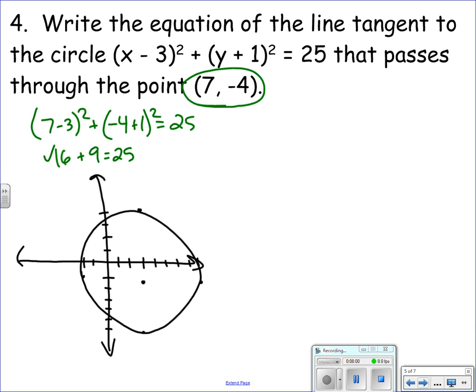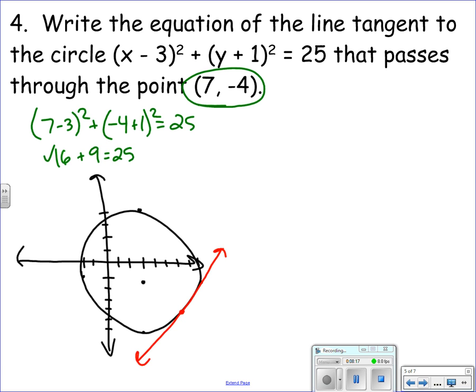So, and tangent at (7, -4). I'm going to approximate it because my circle isn't perfect, just to give us an idea. So I'm writing the equation of that red line.